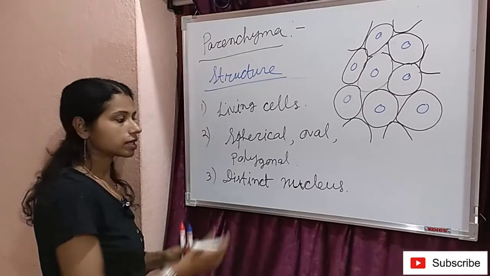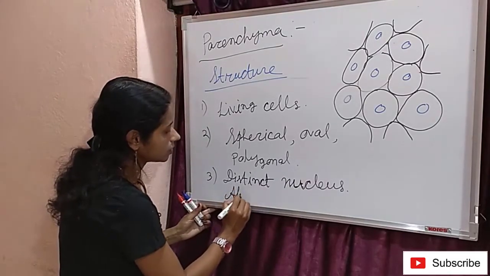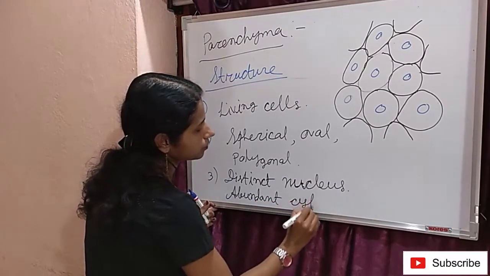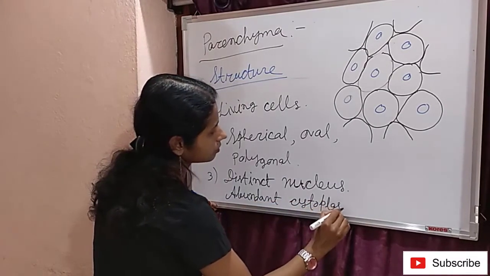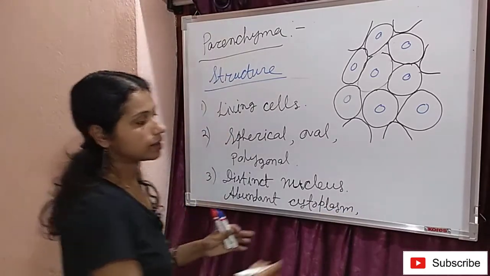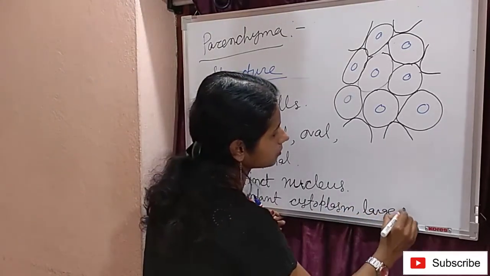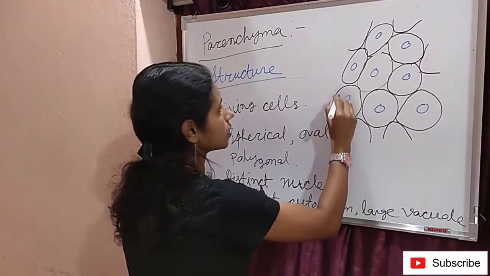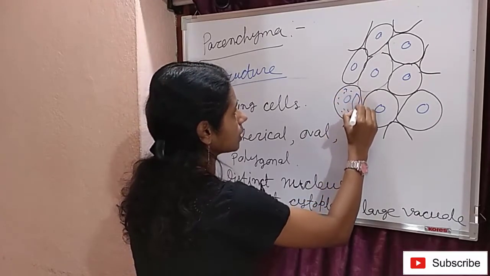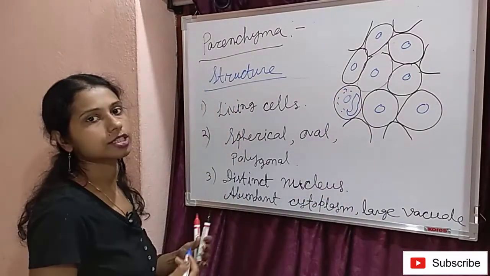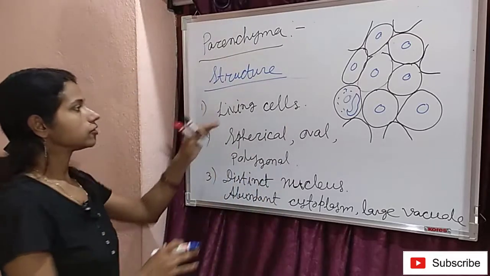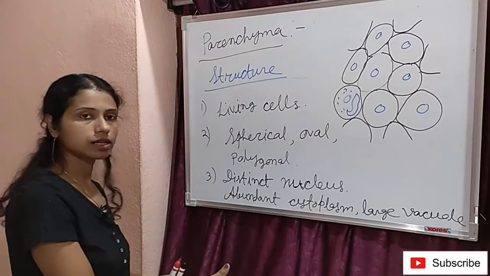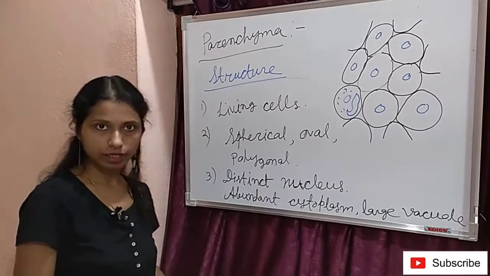Distinct nucleus and abundant cytoplasm, and a large vacuole is also present here. Cytoplasm is abundant, but side by side a large vacuole is also present in the cell. This much is clear. Living cells are there, with different spherical, oval, polygonal shapes, a distinct nucleus, abundant cytoplasm and a large vacuole.